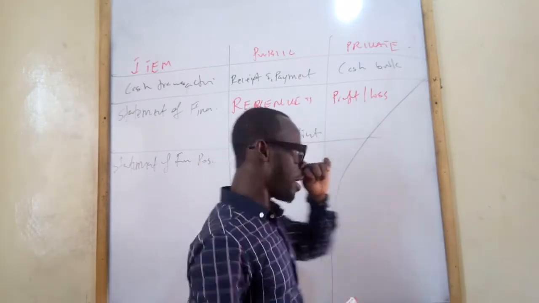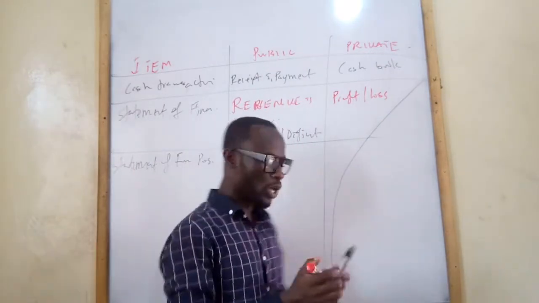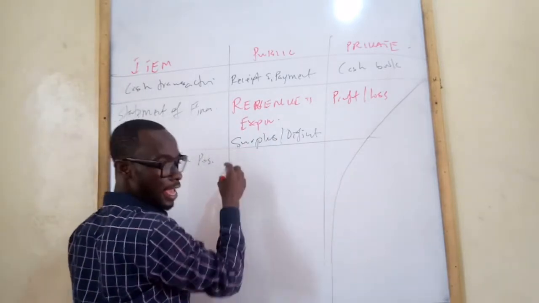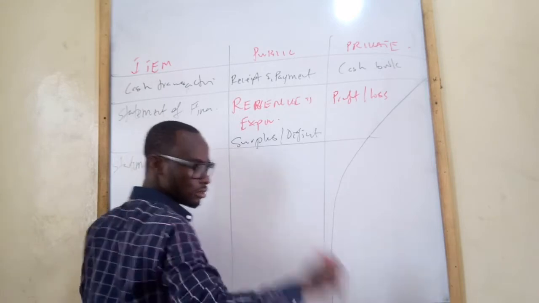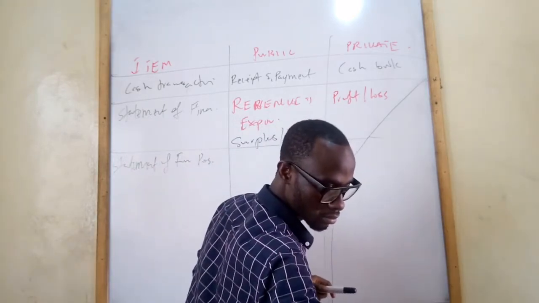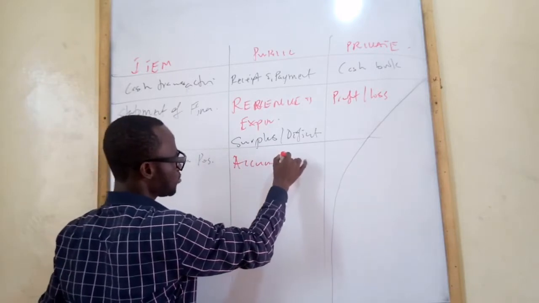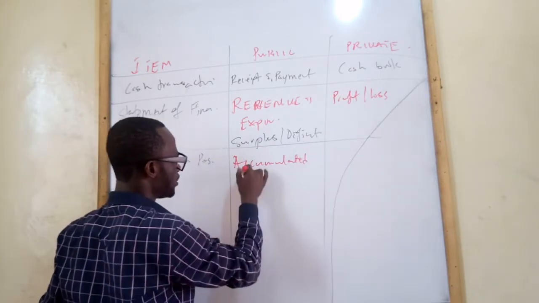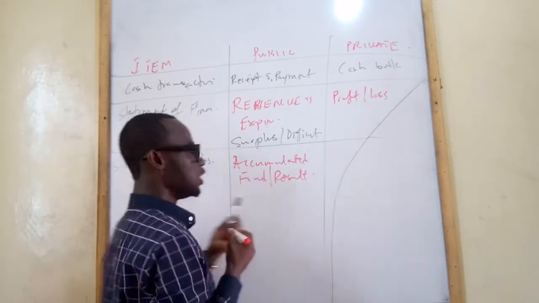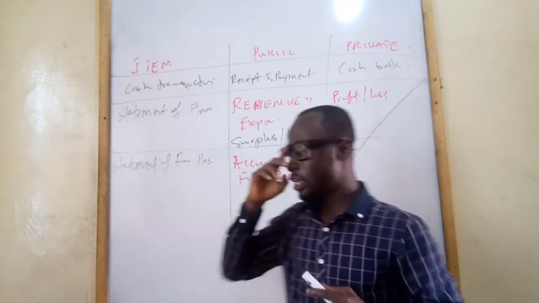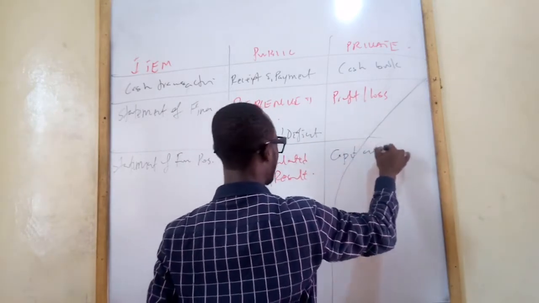But when we are preparing the financial position in the public sector, we're going to bring what we call the accumulated fund, or what we call accumulated results. You see, in the public sector, there is nothing like capital, but in the private sector, you're going to bring capital.